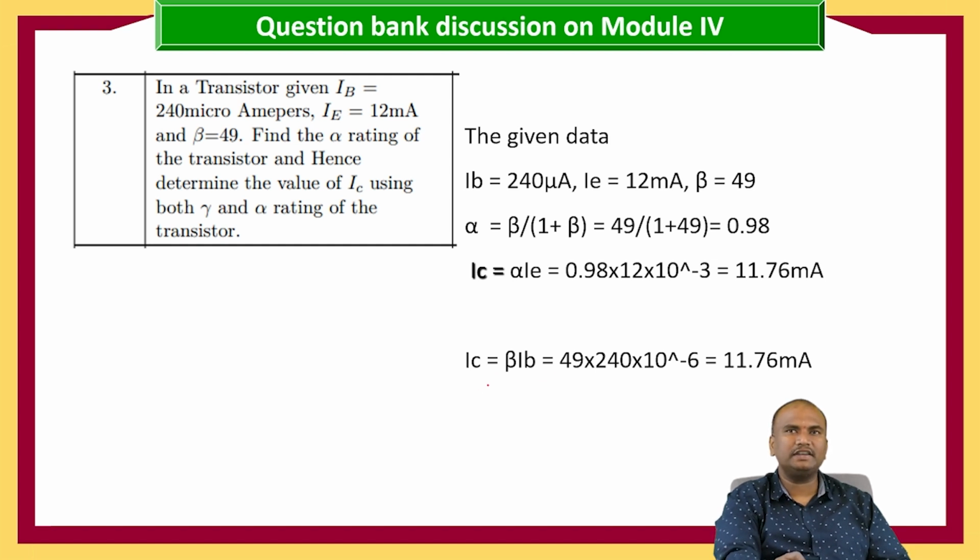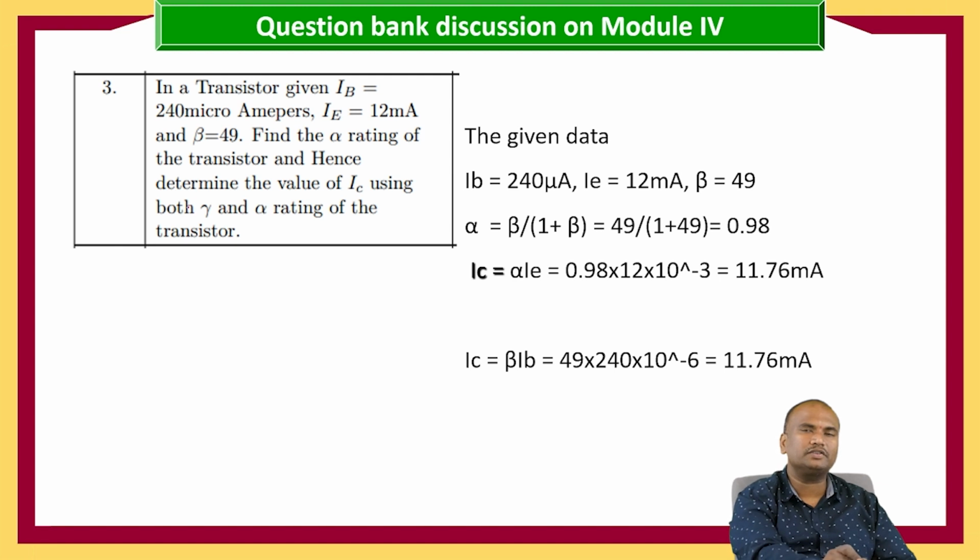We can also write the equation as IC equals beta into IB, that is 49 into 240 into 10 to the power of minus 6, which is 11.76 milliamperes.